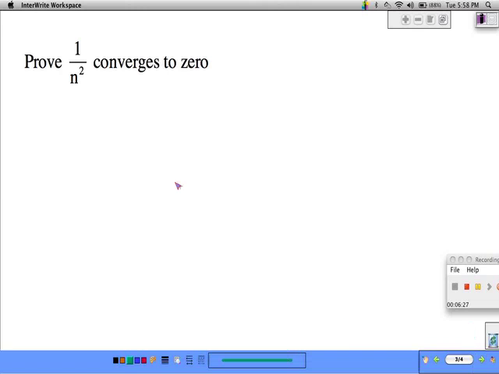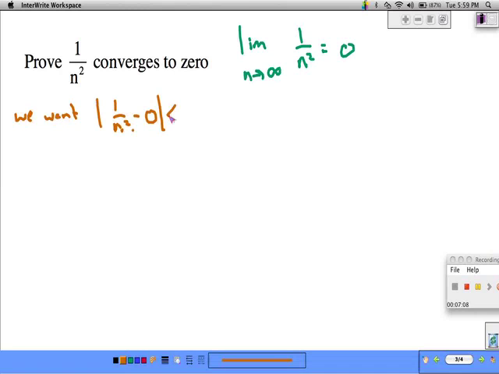So another one, we want to prove 1 over n squared converges to 0. Another way to say that is that the limit as n goes to infinity of 1 over n squared equals 0. So now we set up our proof. We do our setup part. We want the absolute value of 1 over n squared minus the limit to be less than epsilon.